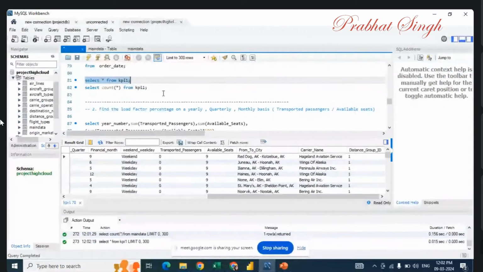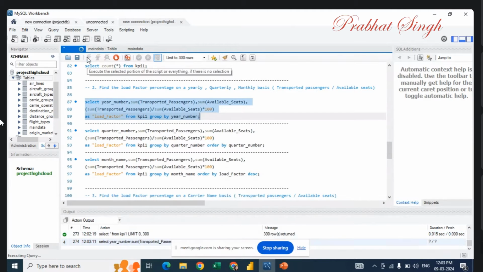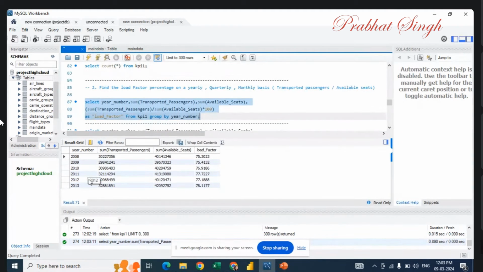Then coming to the second KPI, we need to find the load factor percentage on a yearly, quarterly, and monthly basis. The formula for load factor is sum of transported passengers divided by available seats, into 100. So this is for the year number, and according to year, the transported passengers, available seats, and the load factor for that particular year.